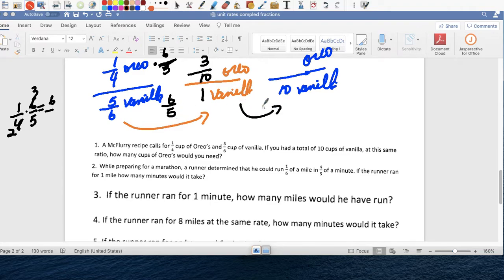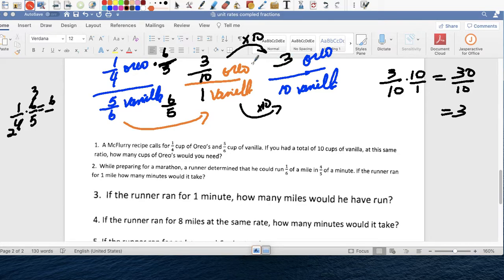Now I can multiply this by 10, multiply that by 10, and if I multiply 3 tenths times 10, I get 30 over 10, and what's 30 over 10? 3. So if I'm using 10 cups of vanilla, I will need 3 cups of Oreo.